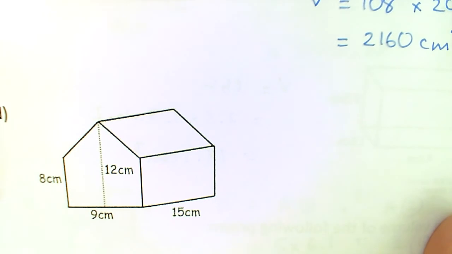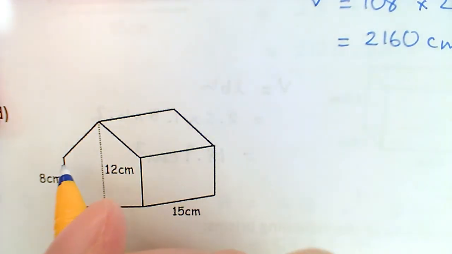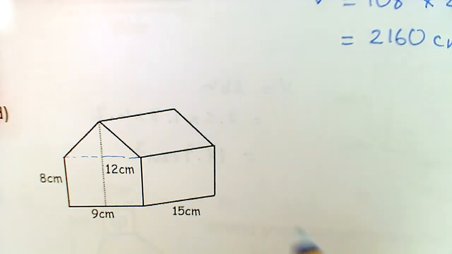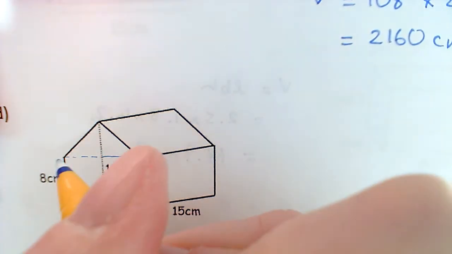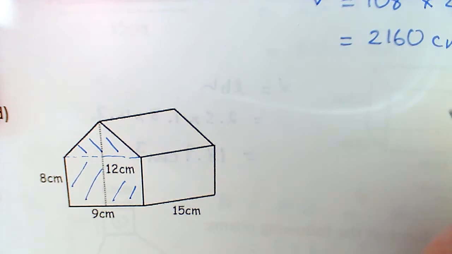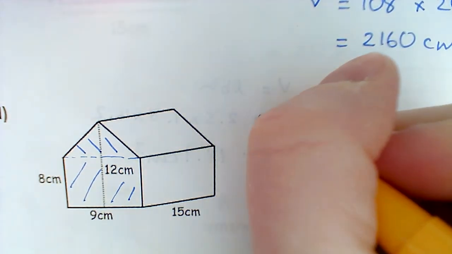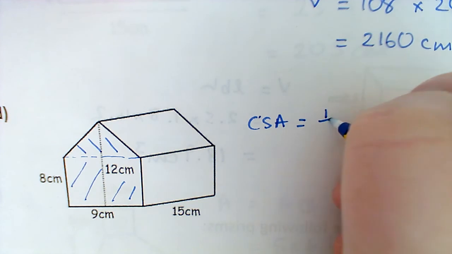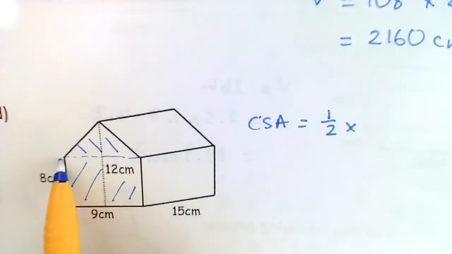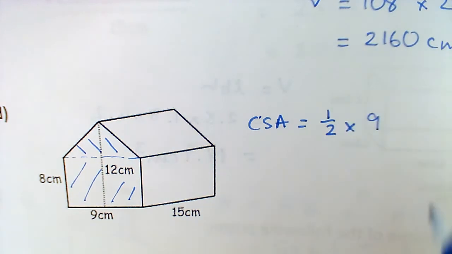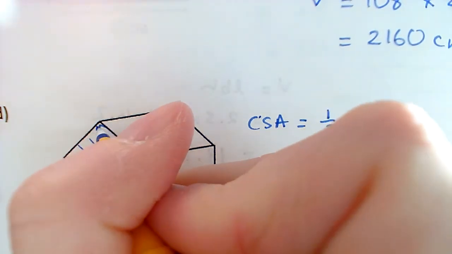Okay, our next one, so we've got this sort of house shape. So we're going to need to divide the cross-section area up into a triangle and a rectangle. So we've got the area of the triangle plus the area of the rectangle. So our cross-section area, the triangle then is a half times the base, so this length is 9, the same as the bottom here, times the height.